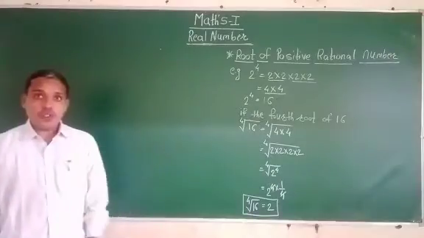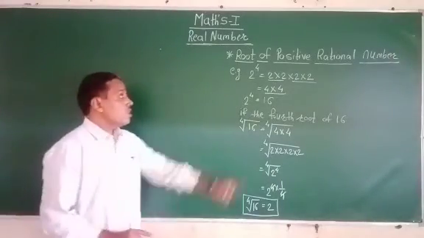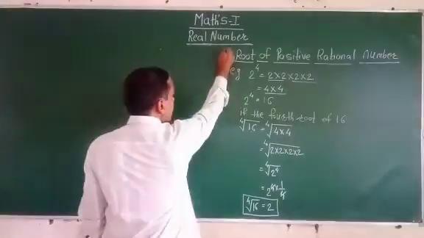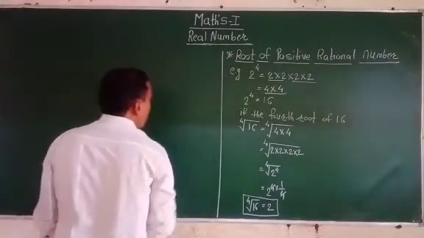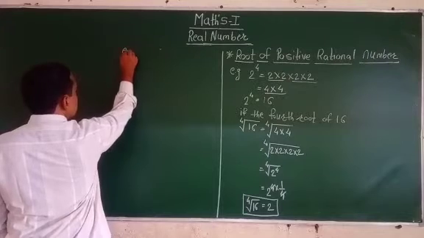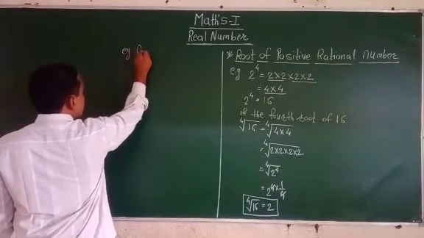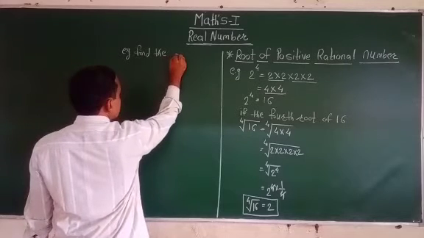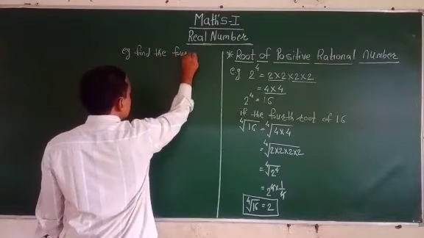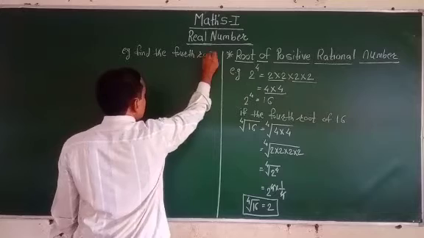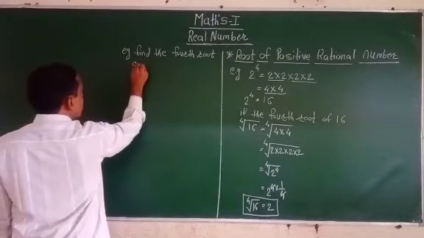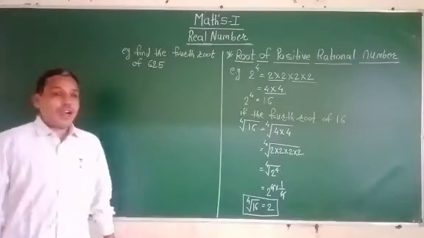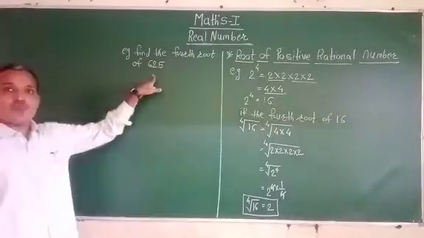In this way, we can easily find the root of any positive rational number. Let's take another example: find the fourth root of 625.